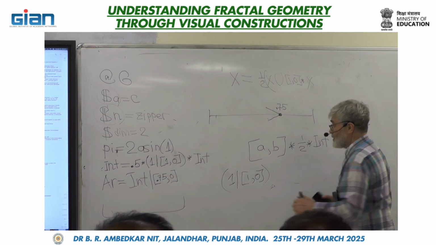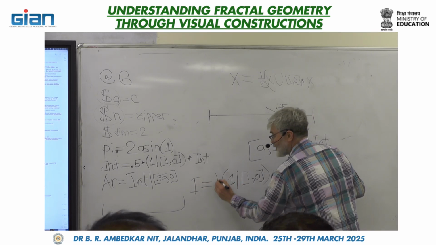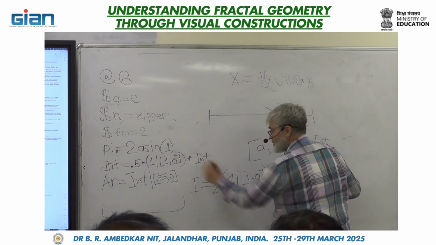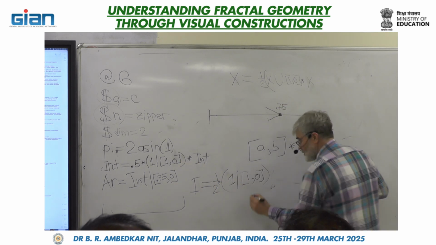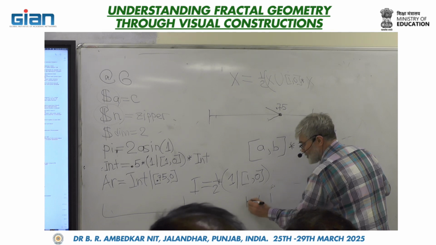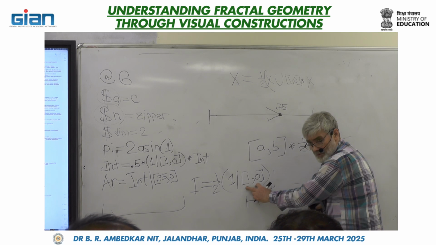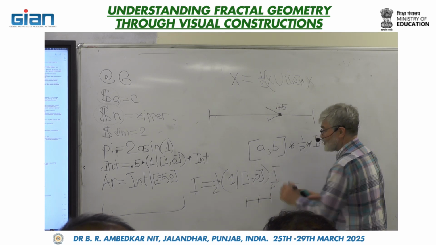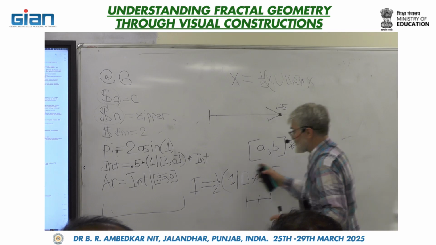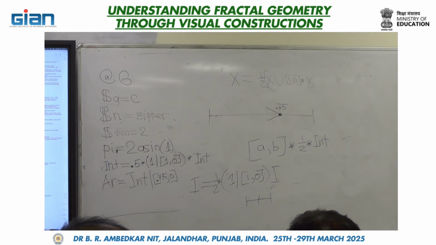So I write the interval is 1/2 multiplied by the union of the unit interval and this interval shifted by 1, 0. Therefore, it is the definition of the unit interval as a self-similar set, and this definition automatically constructs the set.